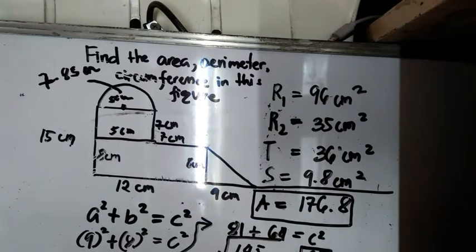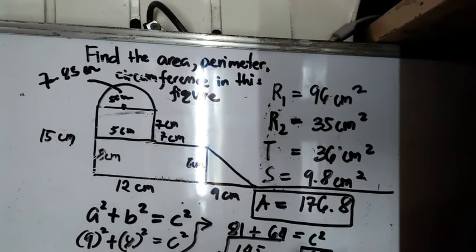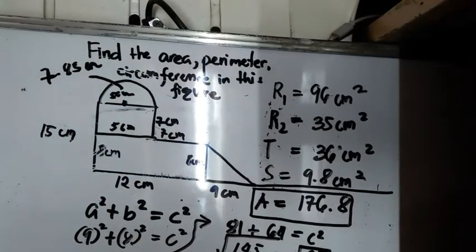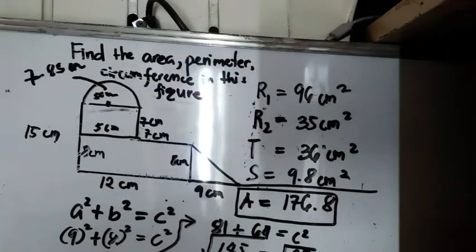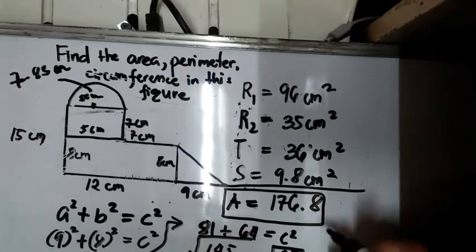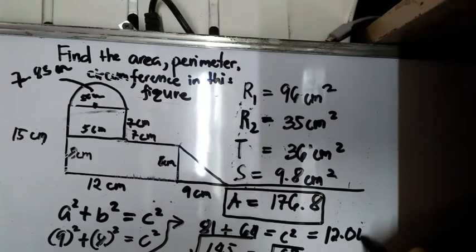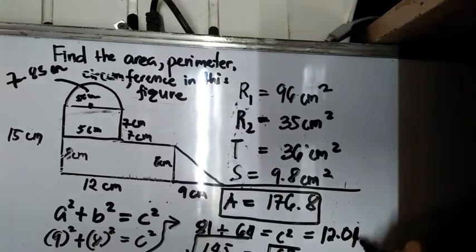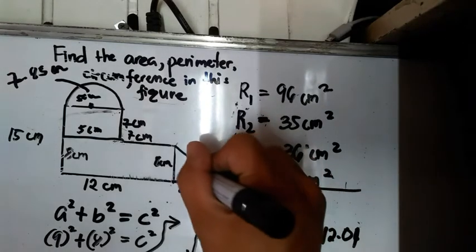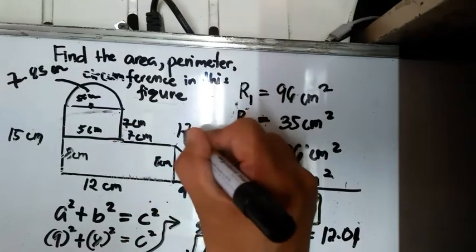So the square root of 145 is 12.04. That's the hypotenuse. So we can put it here, 12.04.